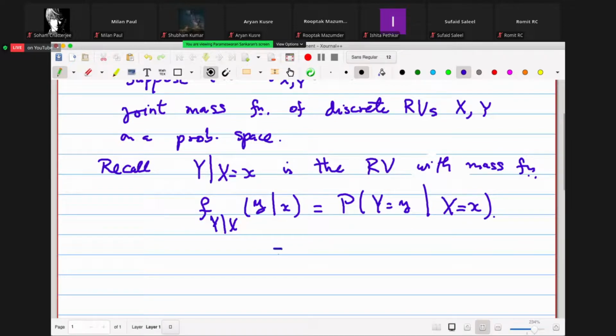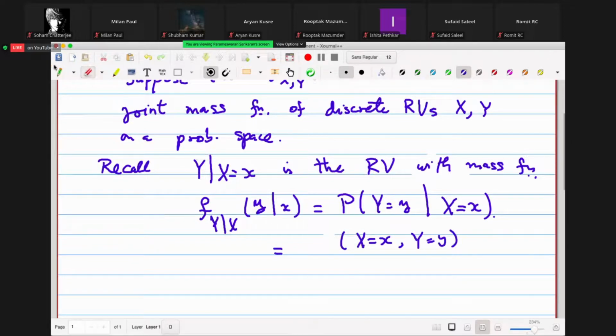And this is the probability of, you can write it like this: X equals x, Y equals y. So that is f of x comma y.